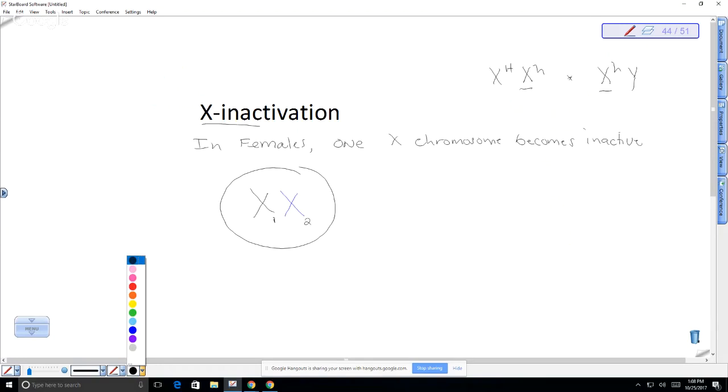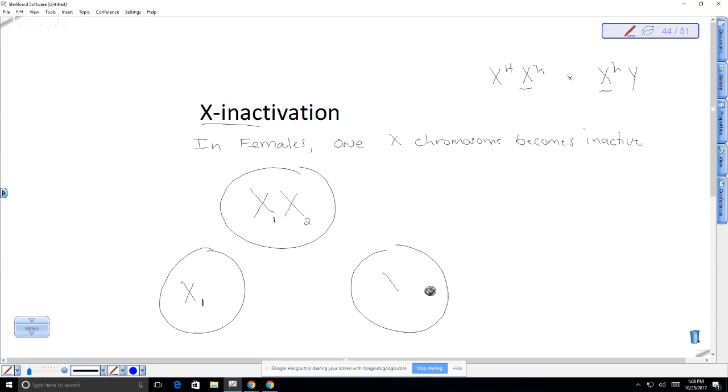In some cells, it's the X1 that stays active. In some cells, it's the X2. So I'm going to draw my little X. This would be X1, and this is my X2. Okay.